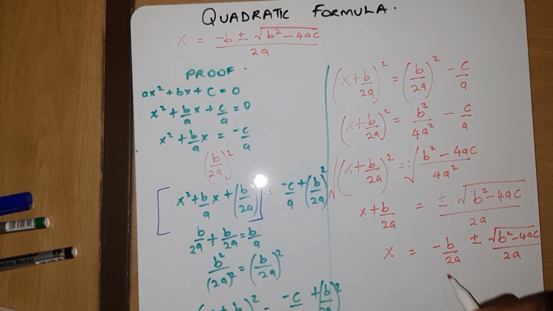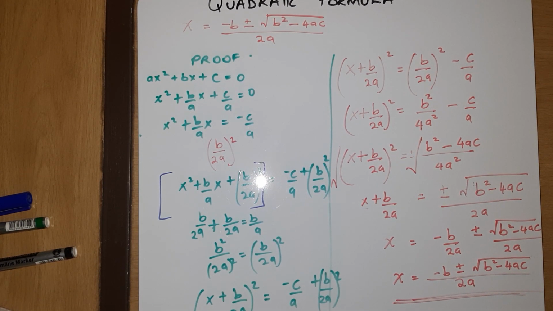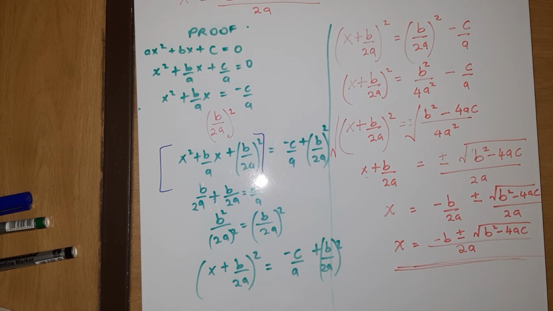Now the LCM here is 2a. So we have minus b plus minus root of b squared minus 4ac over 2a. x is equal to this. So this is our quadratic formula. Can you see clearly? Yes.